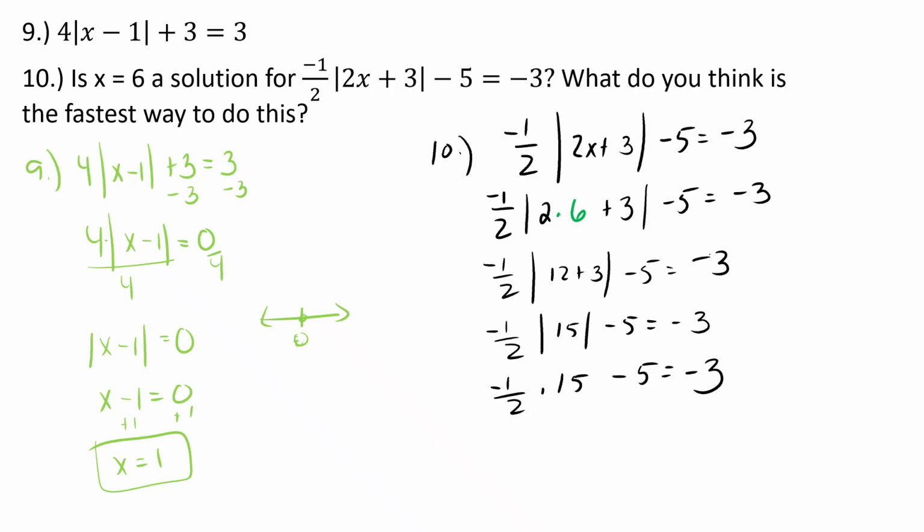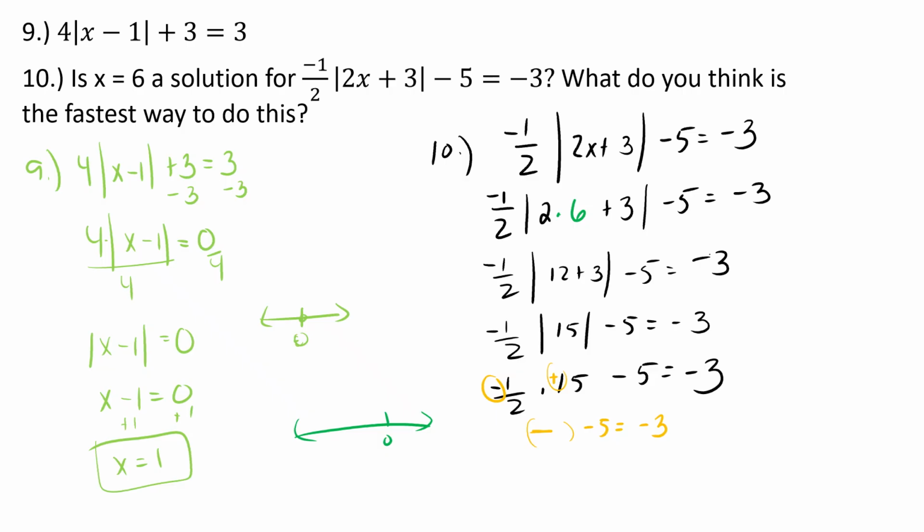Negative times a positive is going to give me a negative, and a negative number minus 5 is not going to be -3. If you have something that's already negative and you take away 5 more, it's not going to be -3.